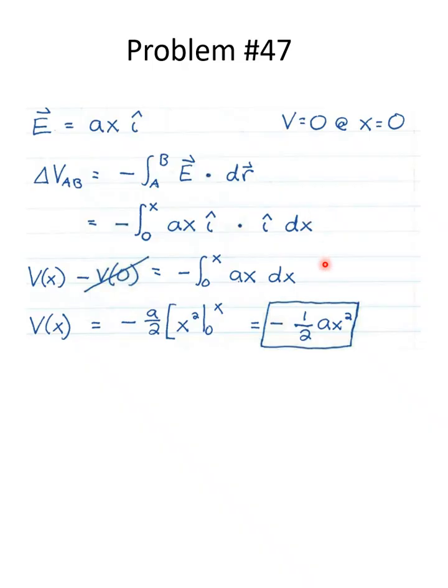So inside the integral, we get A X dx. Then we do the integral, A being a constant, and we've got negative A over 2 x squared taken from 0 to x. So the potential at position x is negative 1/2 A x squared.